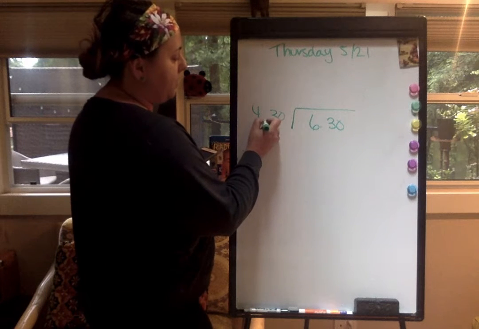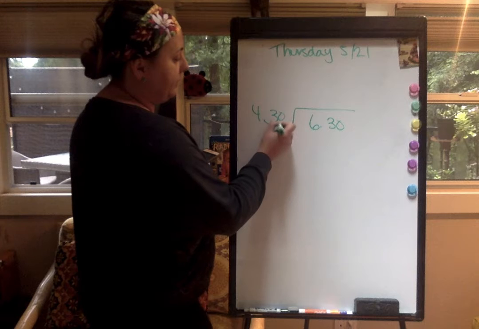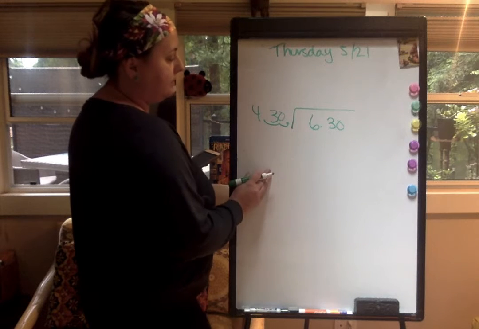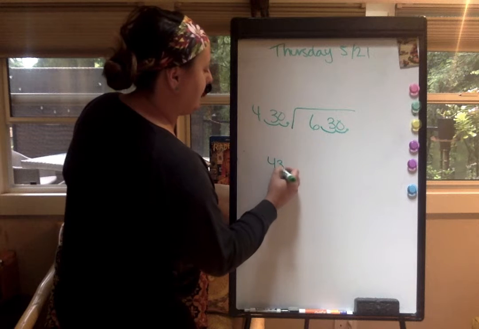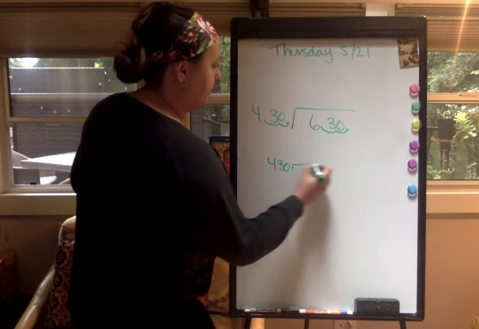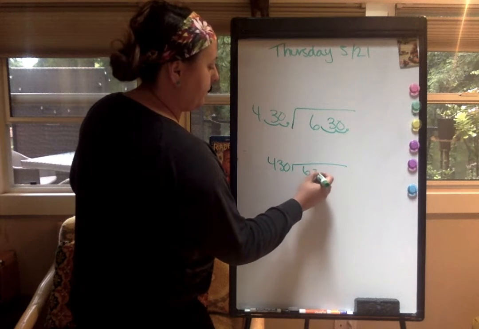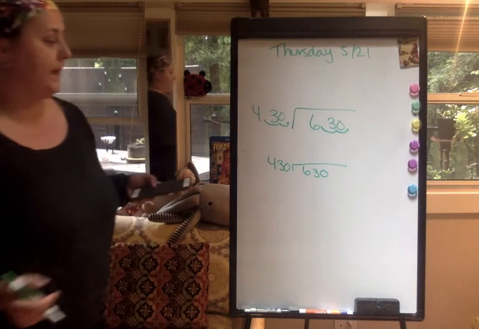So to make this a whole number, you're going to come over 2 spots. To make this a whole number, you're going to come over 2 spots. Okay?